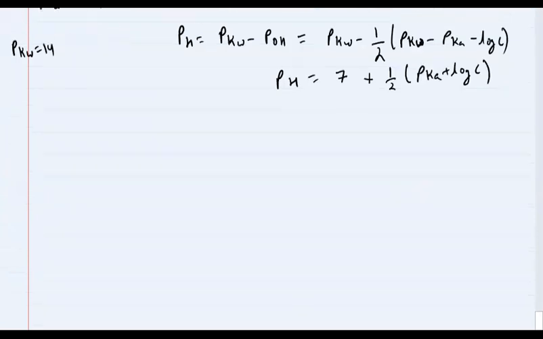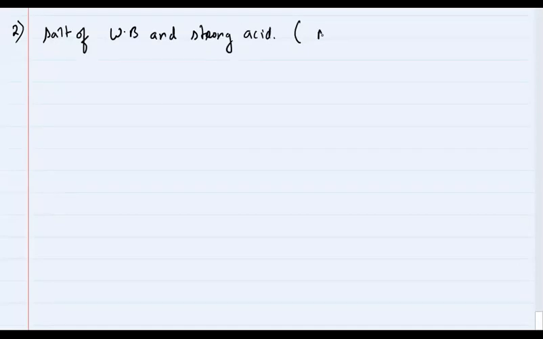Now, I'll explain the second type of salt, which is salt of weak base and strong acid. I'll give you a salt. The name of the salt is NH4Cl. So everyone, please try to find the pH for this one.